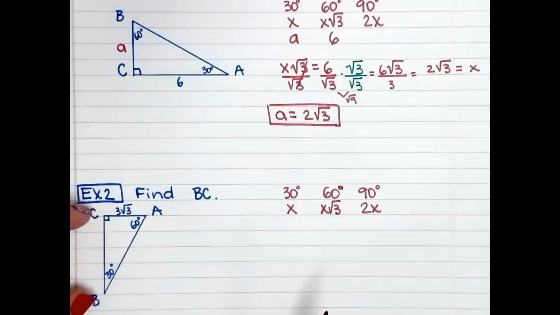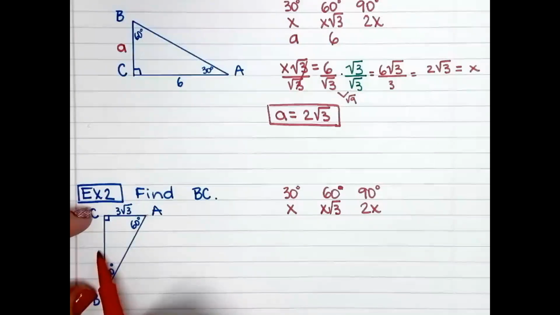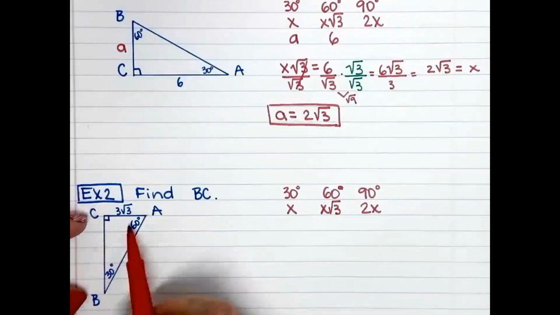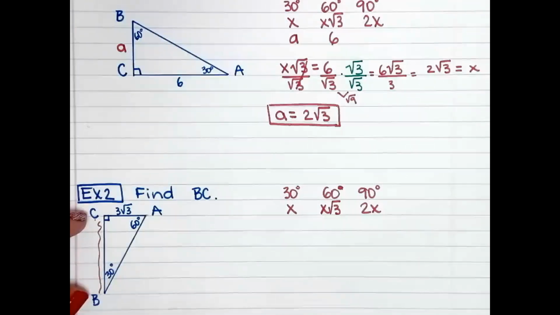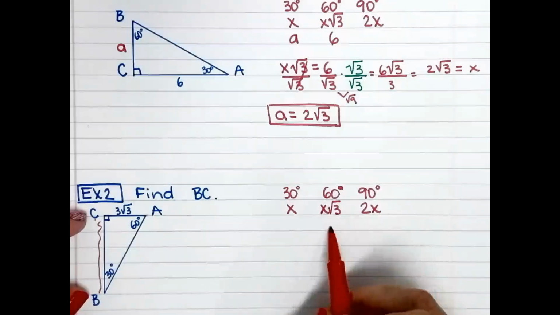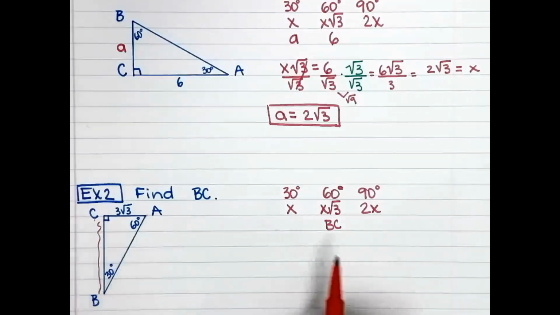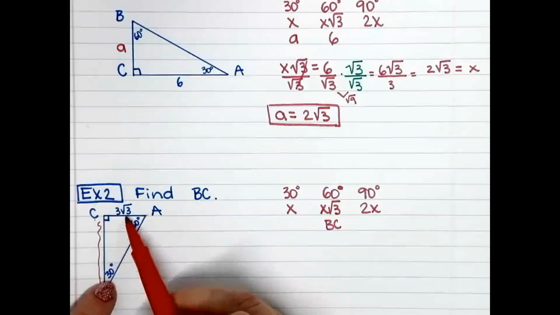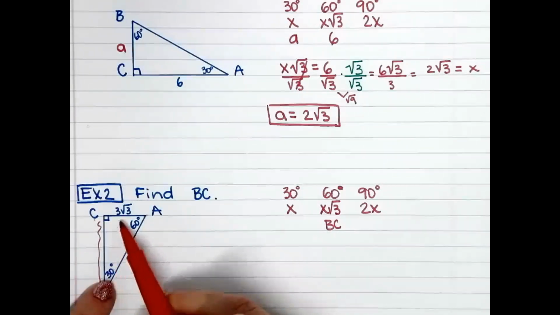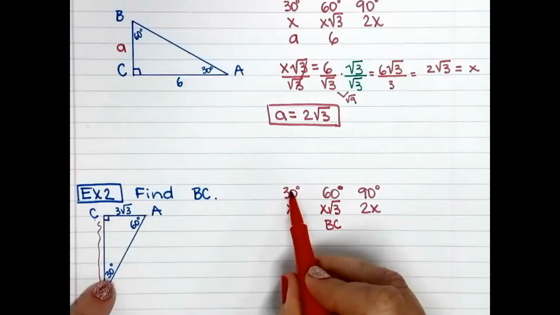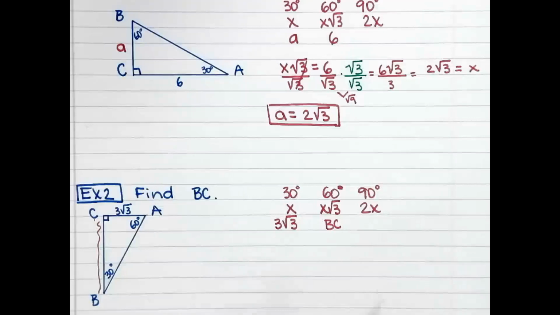BC is this side right here, directly across from 60. That's what I'm looking for. The good news is they gave us the short leg, and the short leg is directly across from 30 degrees. So I know at this moment that x equals 3 square root of 3.